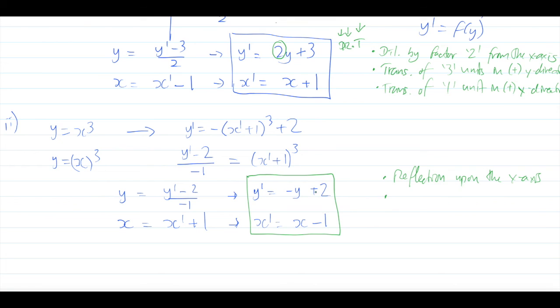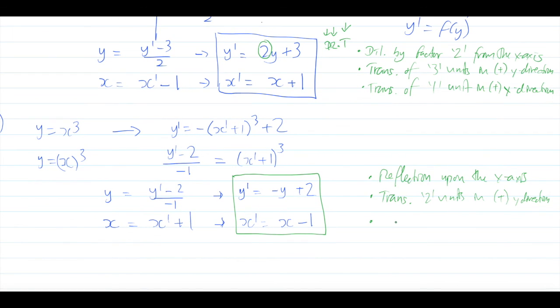And then over here, we have a translation. So translation of 2 units in the positive y direction, okay? So it just went 2 units up, and then over here on the x we have a translation again, translation of 1 unit, and because there's a minus 1, you put in the negative x direction.